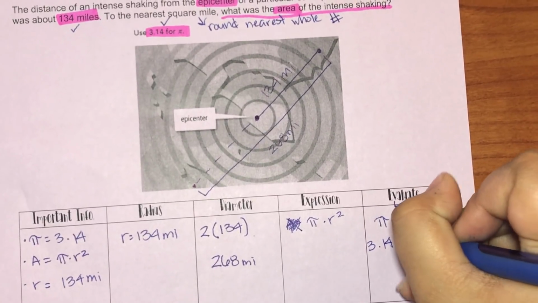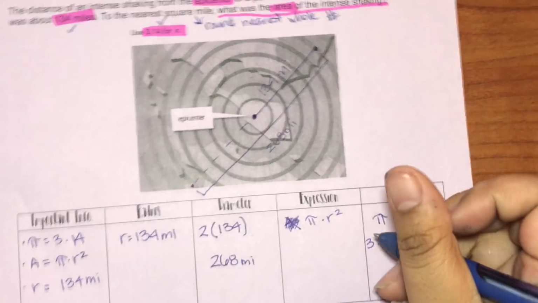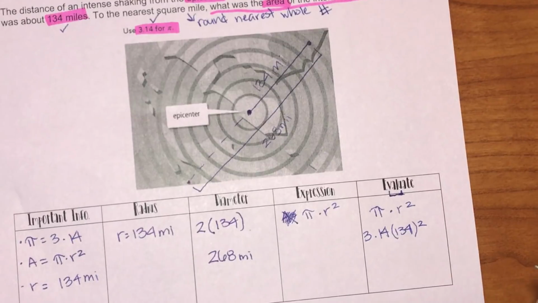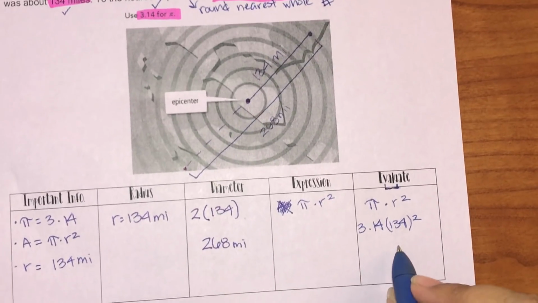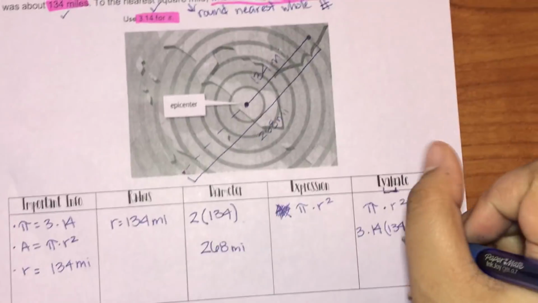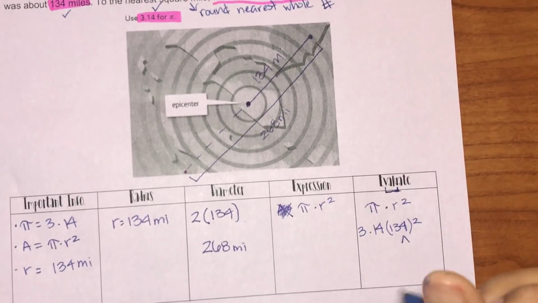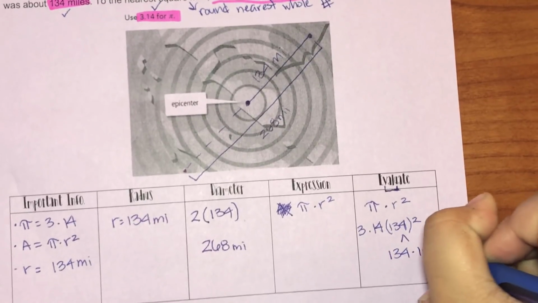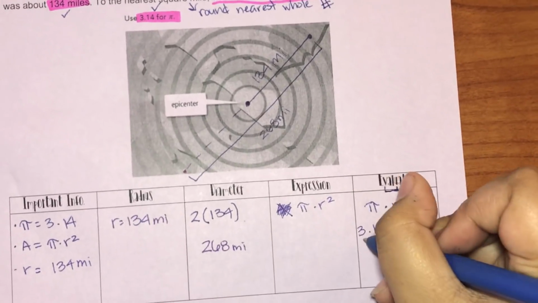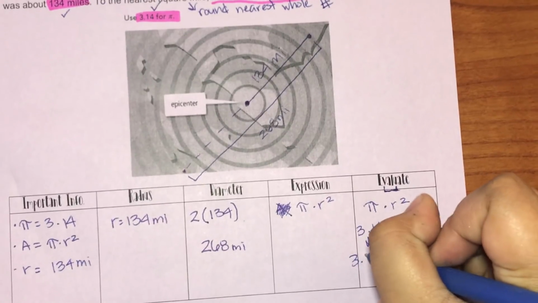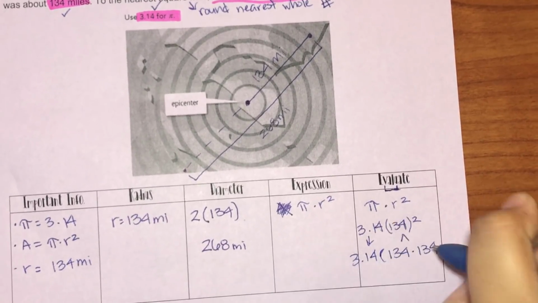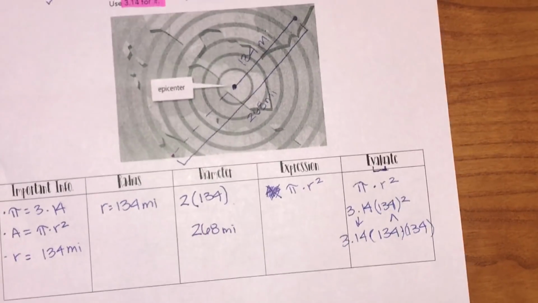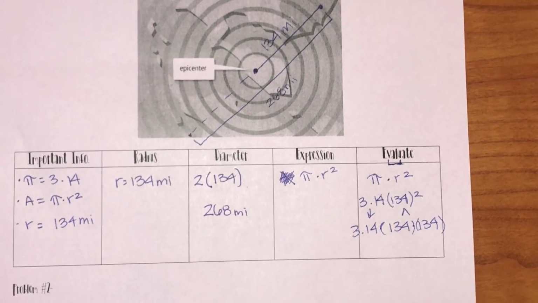3.14 times r, which was 134 squared. That's a huge number, so I'm not even going to try to do that by hand. We know that that is 134 times 134, and we need to bring that 3.14 down. I'm getting confused with all of my dots, so I'm just going to put everything in parentheses. Alright, now we multiply.